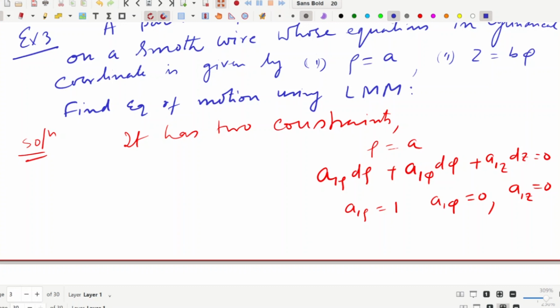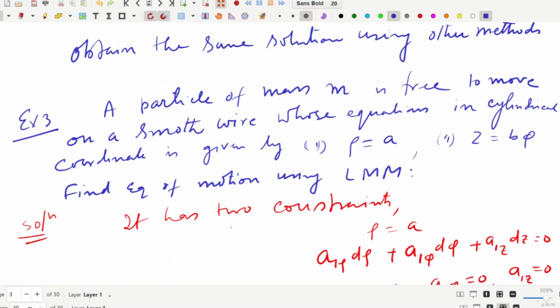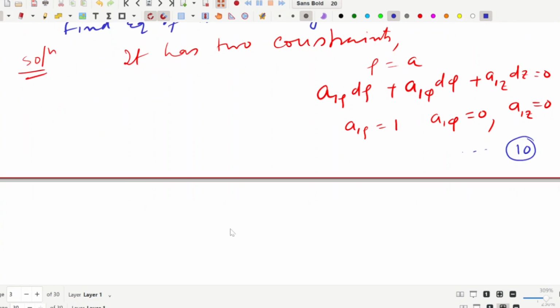Let us write this as our equation 10. Then we have the other constraint, z equal to b phi. So z equal to b phi can be written as b d phi minus dz equal to 0.